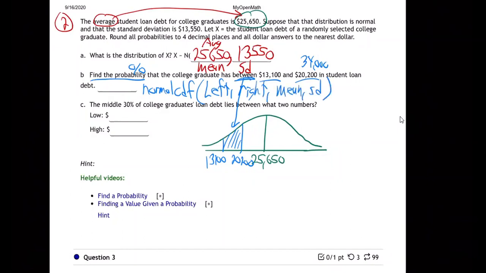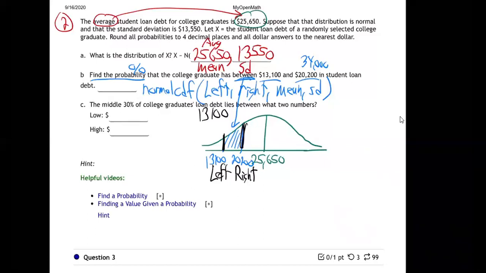mean, standard. And so what is the left? The left is the 13,100, right? That's the left edge of the shading. So whenever we talk about left and right, we mean the left and the right edge of the piece that's shaded.